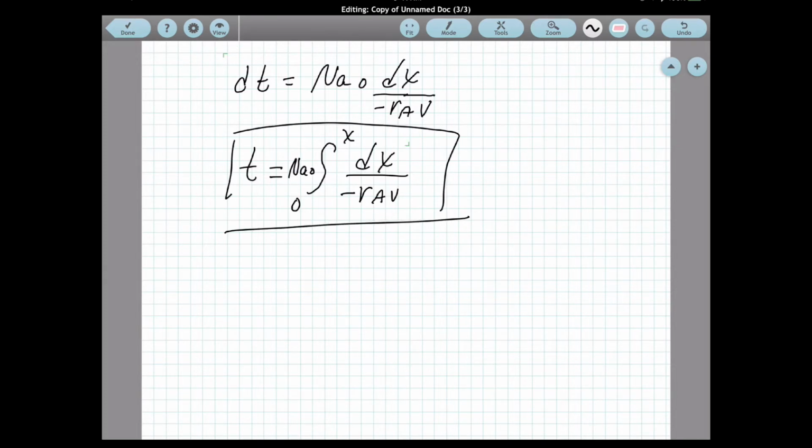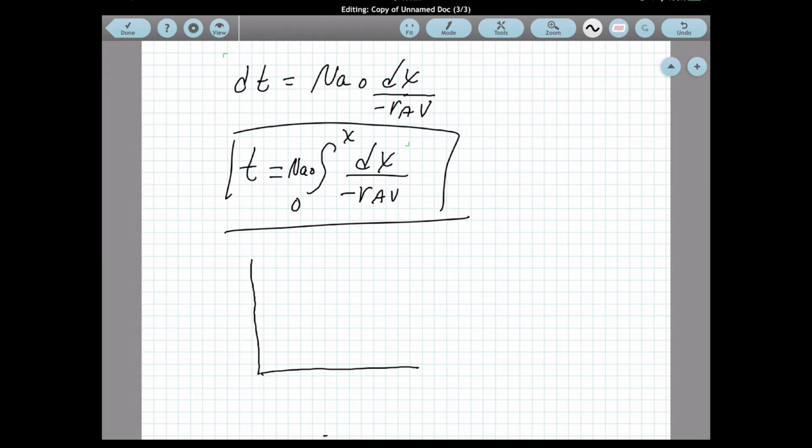Okay, this will be the time necessary to achieve a conversion of X in a batch reactor. Notice that the longer the reactants are left in the reactor, the greater the conversion will be. We can also represent this equation in a graphical form.